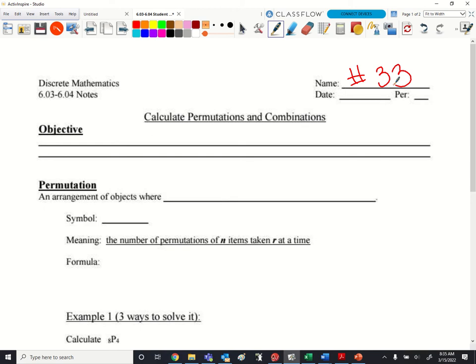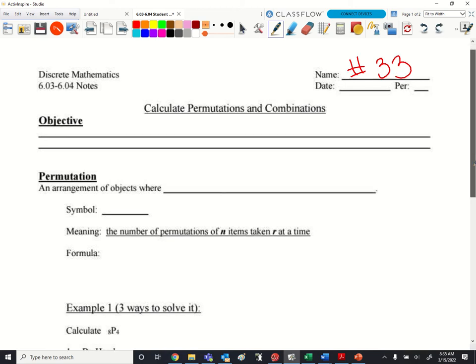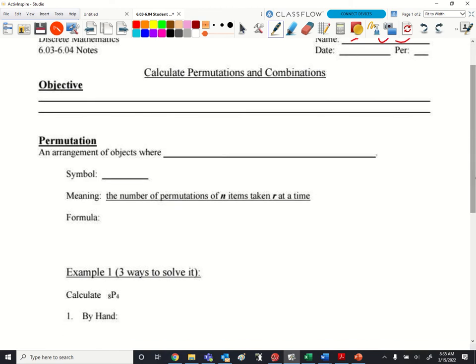Now, permutation, arrangement of objects where order matters. Does order matter for permutation? Yes. Now, order matters. For this one, it's going to look like this. It's going to be nPr, the number of permutations of n items taken r at a time.